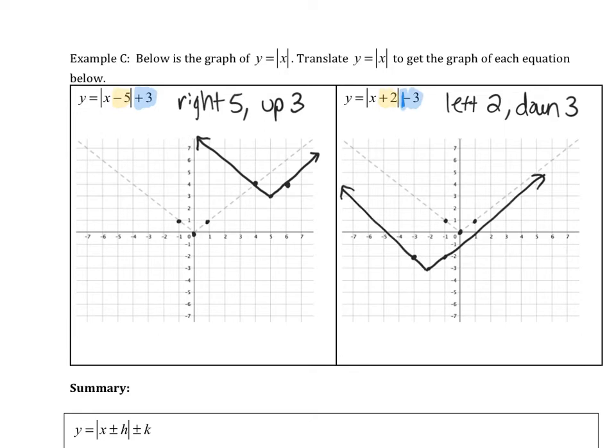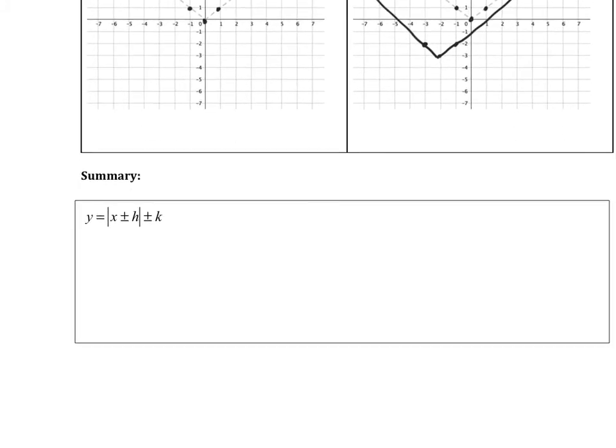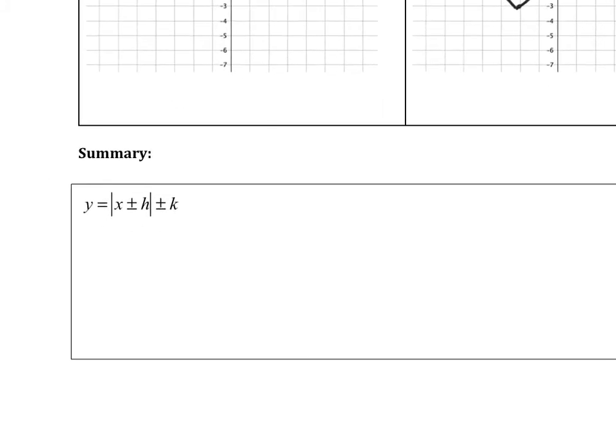Okay, so to summarize all of this, all of these absolute value equations are in this form. Y equals the absolute value of x plus or minus h, and then close the absolute value plus or minus k. So this is where h and k are just numbers. They're real numbers. Okay? H and k are real numbers.